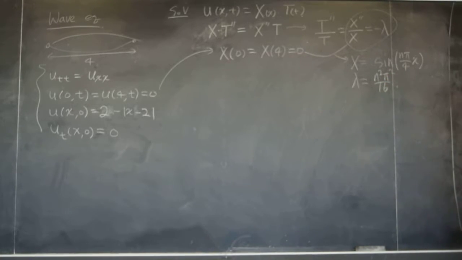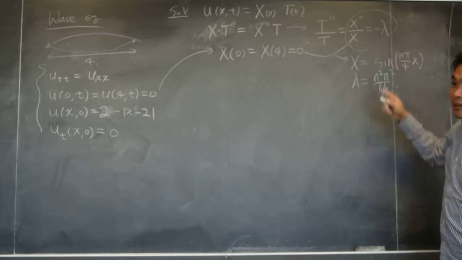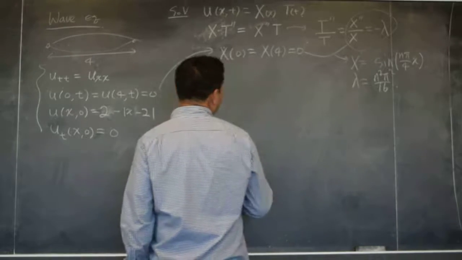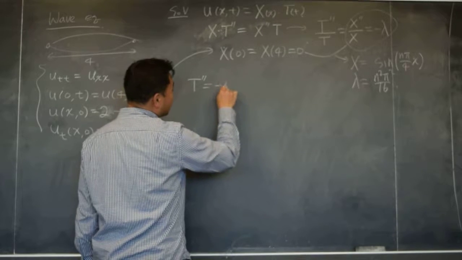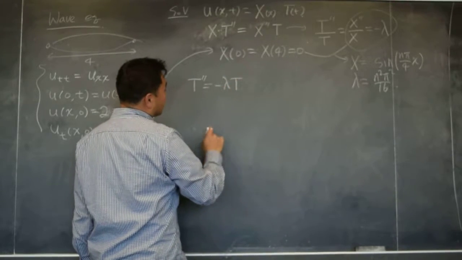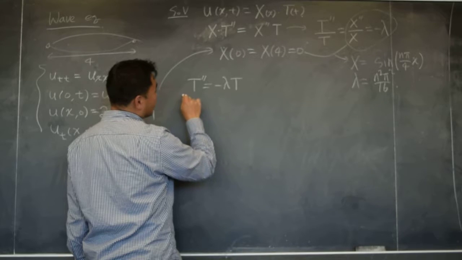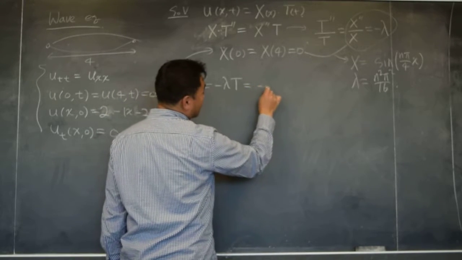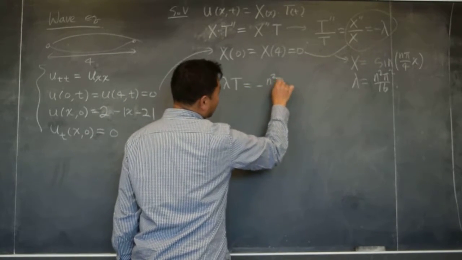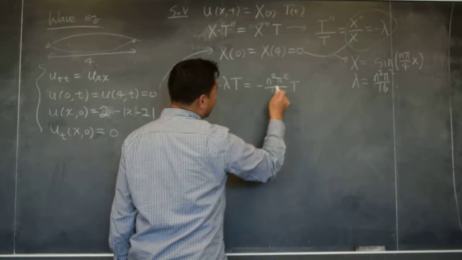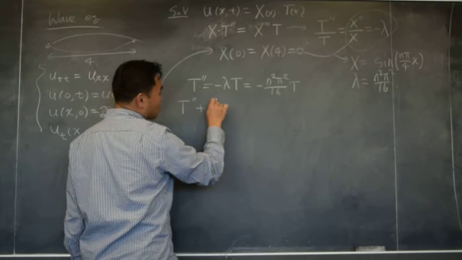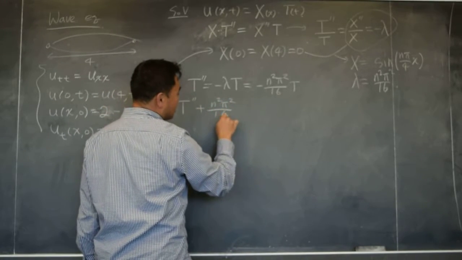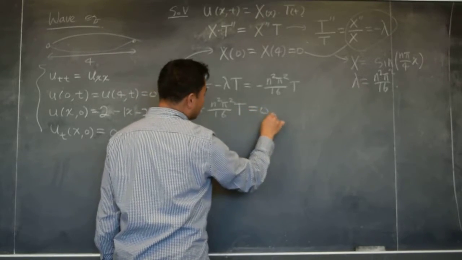That's our lambda. And then now you put it back in here, and we get the following. It's T double prime equals negative lambda T, which is negative n squared pi squared over 16 T. And if you move this to the other side, we have the following equation: T double prime plus n squared pi squared over 16 T equals 0.